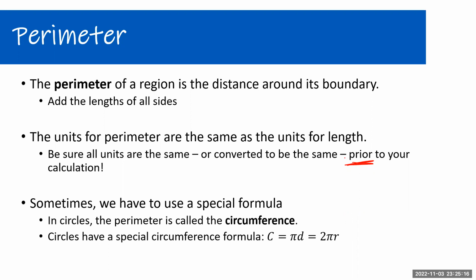And circumference has a certain formula, which is going to be pi times your diameter, or 2 pi times r. Remember, diameter is 2 times r, so that's why those two are equivalent, okay? This is on your formula sheet, so you don't have to memorize it. Your calculator also has a pi button, so use that.